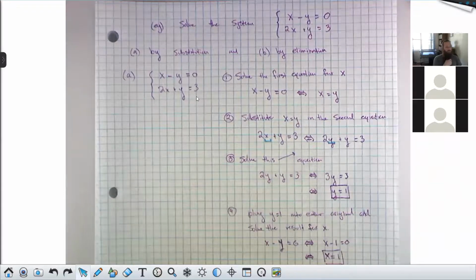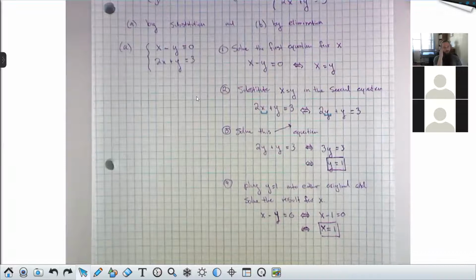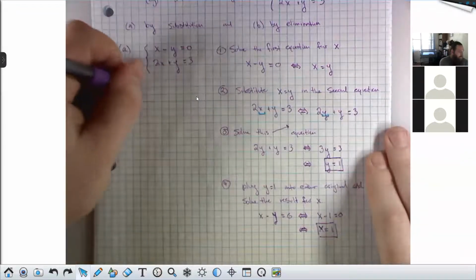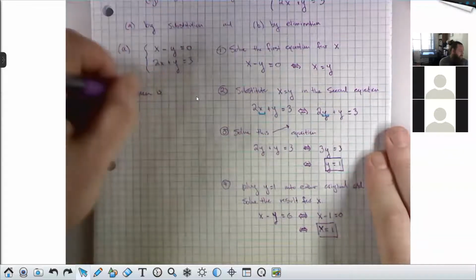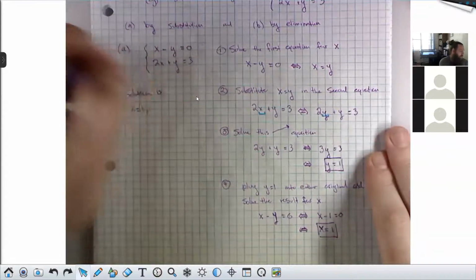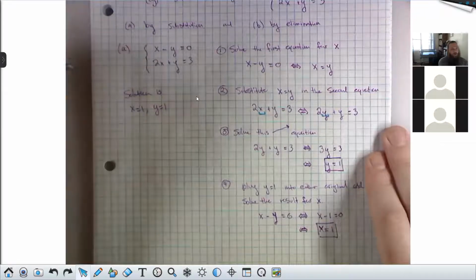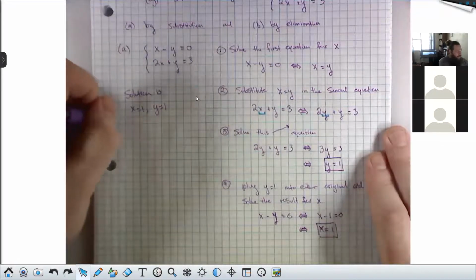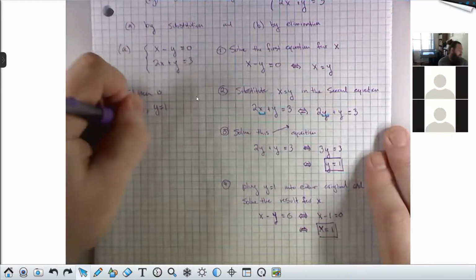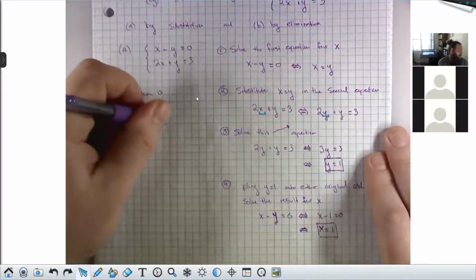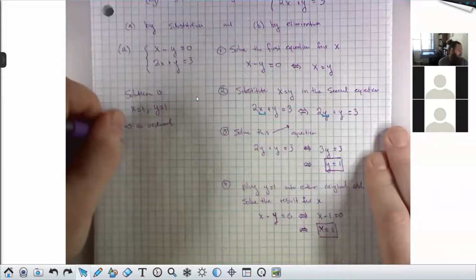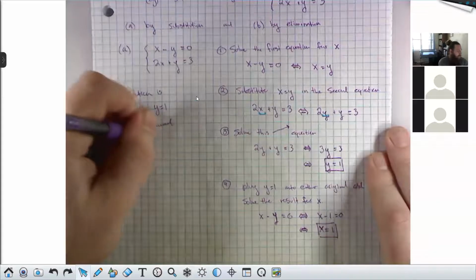So the solution to this system is x equals 1 and y equals 1. Or we could write that as the ordered pair 1, 1.